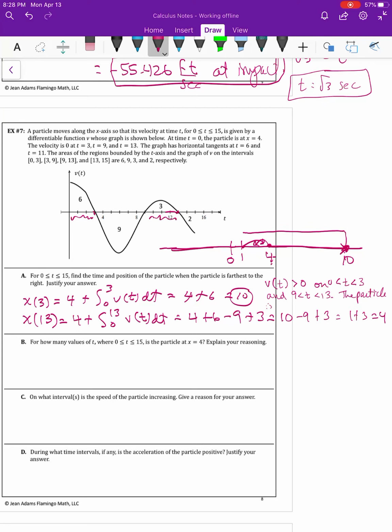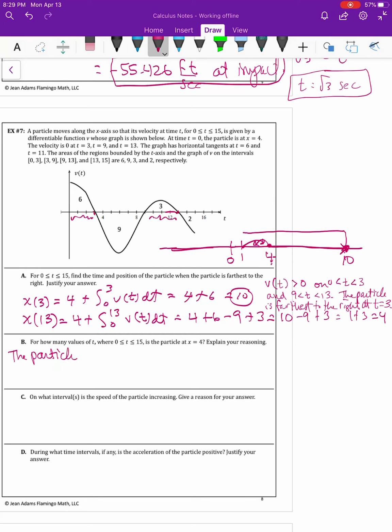And I wanted to see what the particle was doing after it did all that positive and after it did all that positive. So I put the particle is farthest to the right at t equals 3. So farthest to the right. It's hard to write with this thing sometimes.